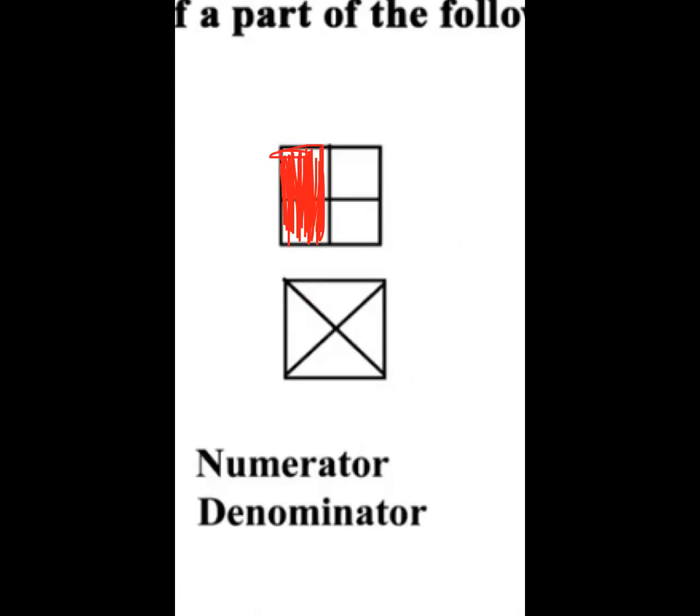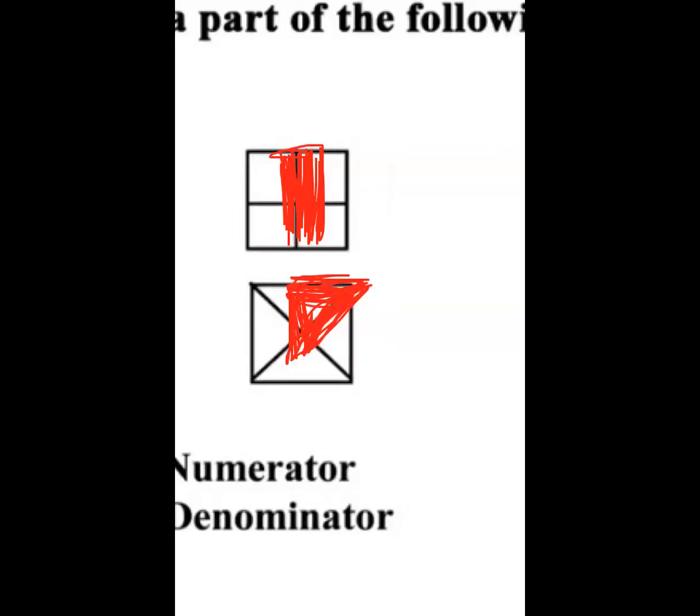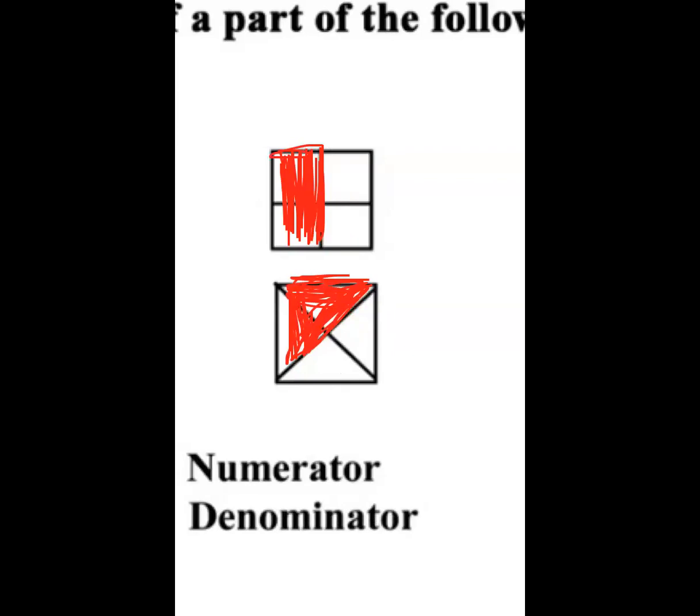Okay, then here also I have 4 equal parts. Then I have to shade first... four. Okay, and this one is okay.